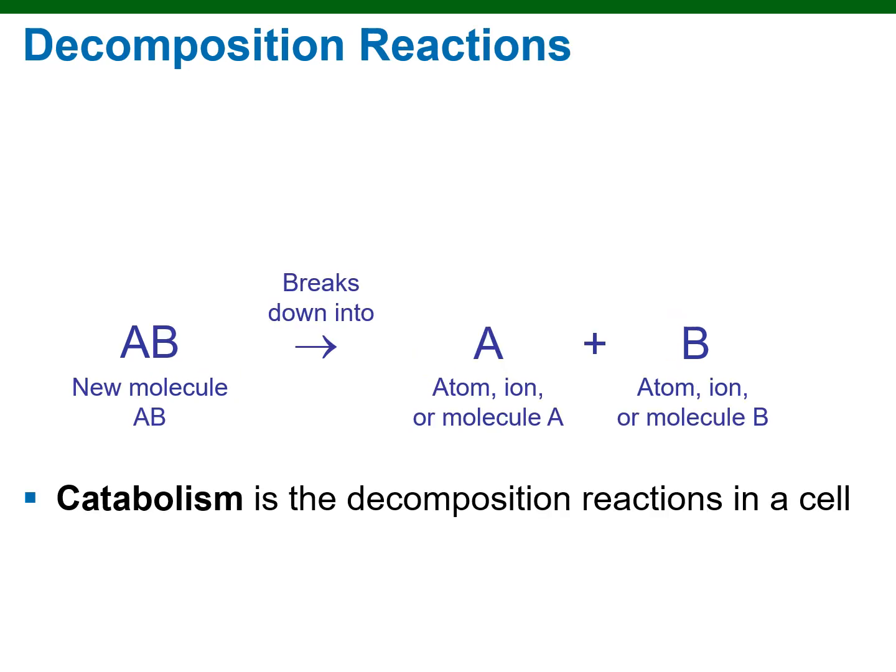The reverse of a synthesis reaction is what's called a decomposition reaction. Here we start with AB to begin with. And if AB breaks apart, then A will be released and B will be released separate from one another. Let's take a couple of notes on that, just like we did on the previous slide.